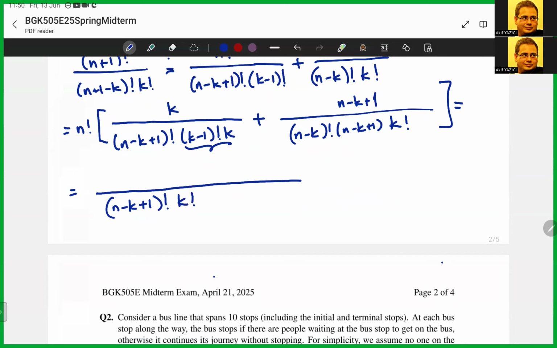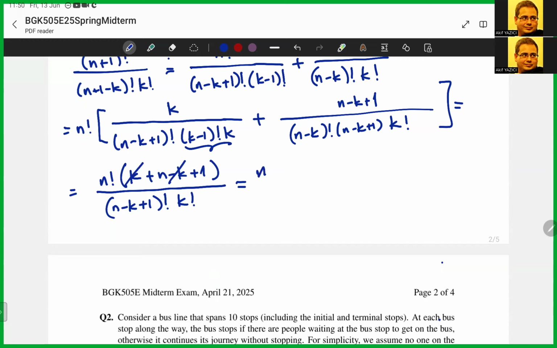And in the numerator, what do I have? So n factorial here, and this k plus what I have here is n minus k plus 1. So this is a little bit too much. Okay. And now you see here I have minus k canceled out with this k.